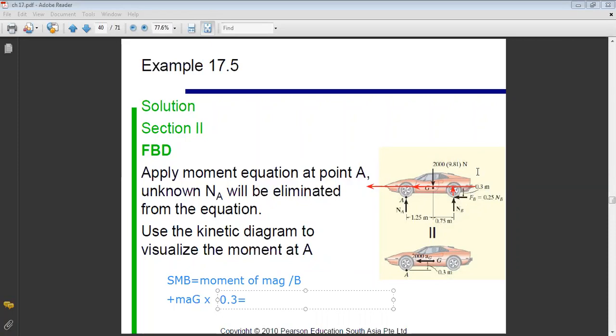I have the moment of the weight, which is counterclockwise, so it's positive: plus 200 times 9.81, the weight, times the distance 0.75.